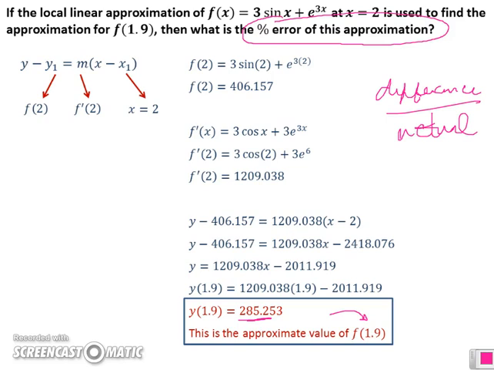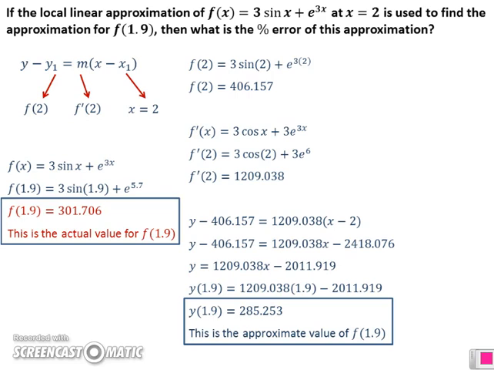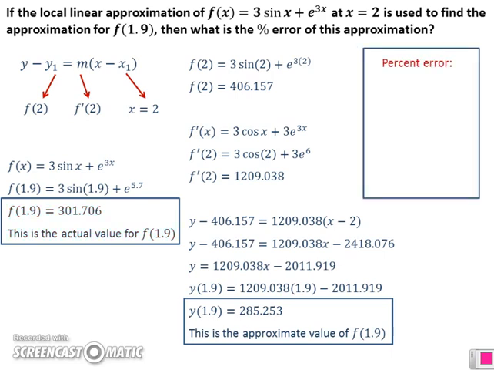So we need the actual value of f of 1.9. And we were given f of x up here, so we can find that. Okay, f of 1.9, plug in, use a calculator. This is the actual value of f of x at 1.9. So the percent of error is the difference between the estimate and the actual divided by the actual.